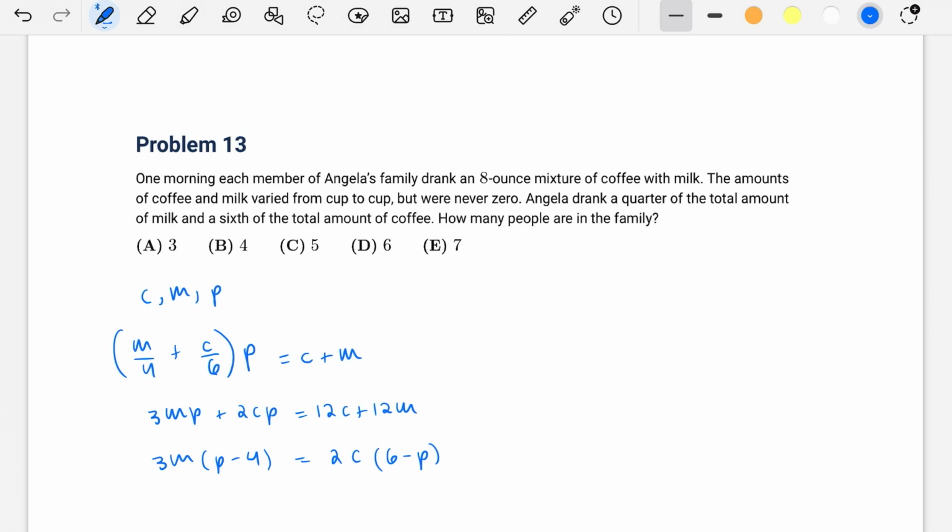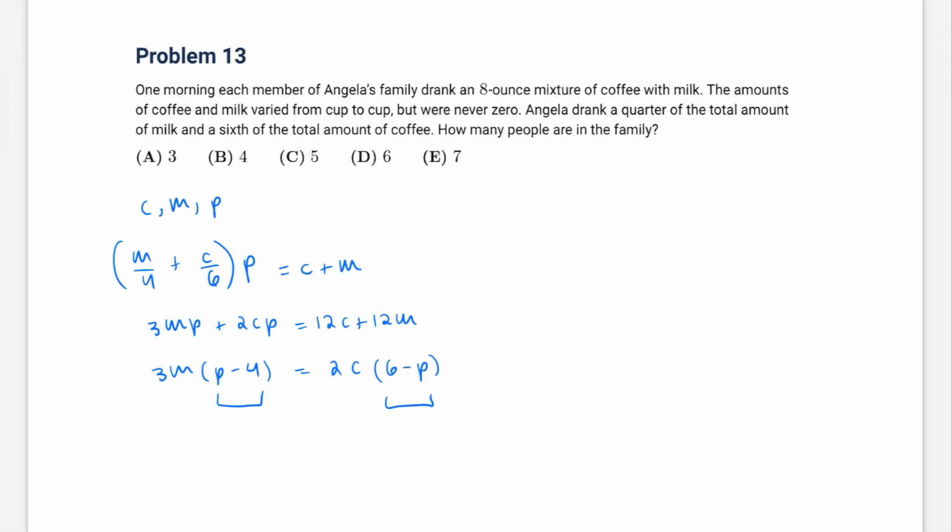Because M and C are both positive numbers, that tells us that P minus 4 and 6 minus P must have the same sign. They must both be positive or both be negative. So we can just plug in these 5 values for P and see if any of those satisfy that requirement.